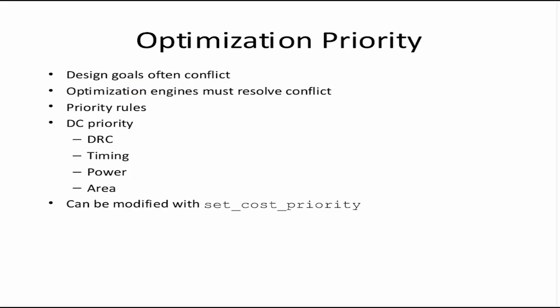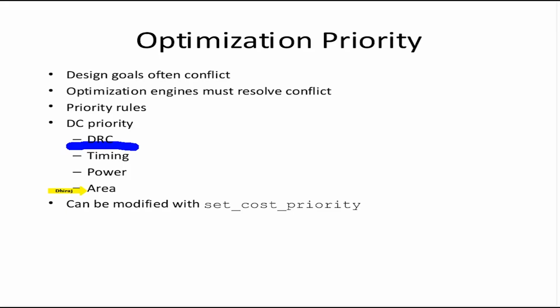So DC's priority is first to fix DRC. Only when it fixes DRC can it believe in the timing. So DRC is always number one. Next comes the timing. Obviously, the design should meet performance even if it has slightly more power or area. Then comes the power, and last comes the area. This is the default priority.